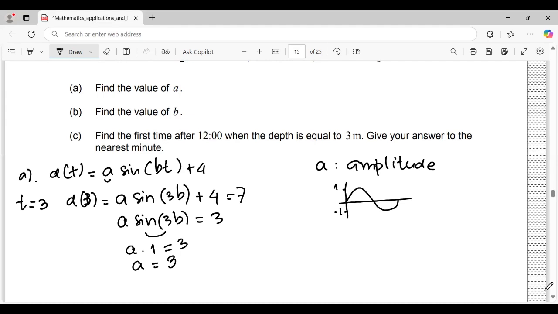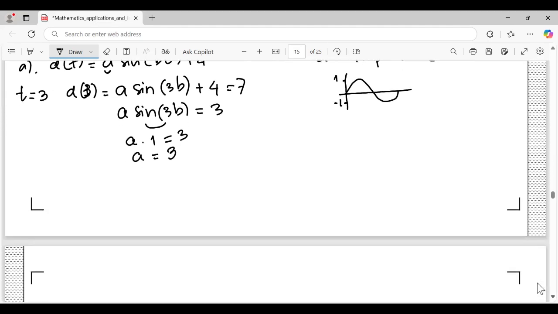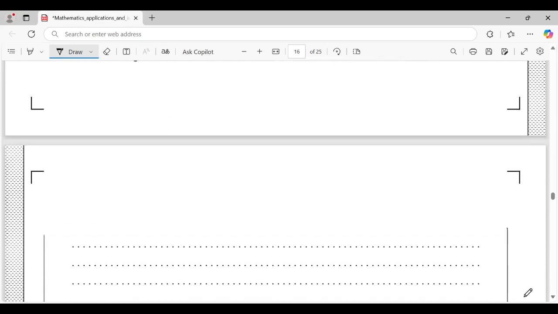Find the value of B. Again, the function is D(t) equals A sin Bt plus 4. If A is the amplitude, B is related to the period.